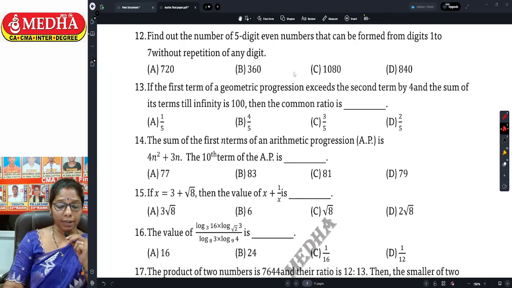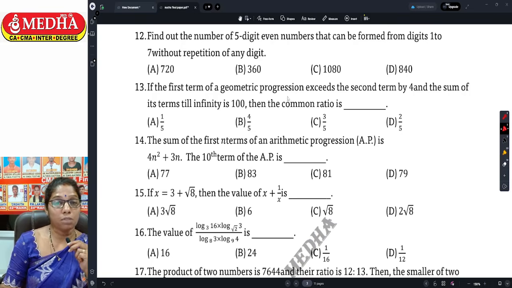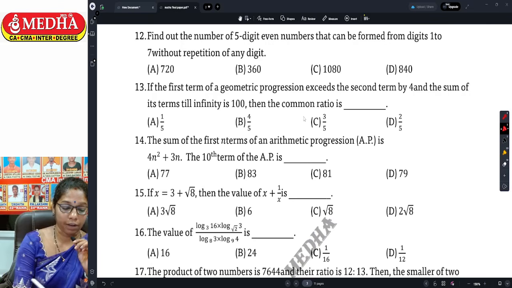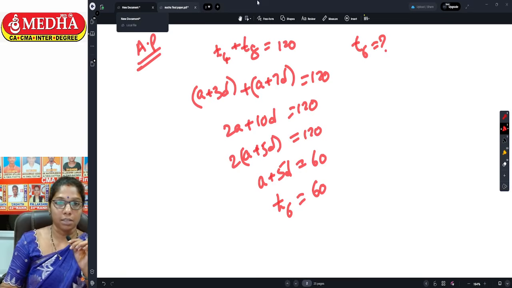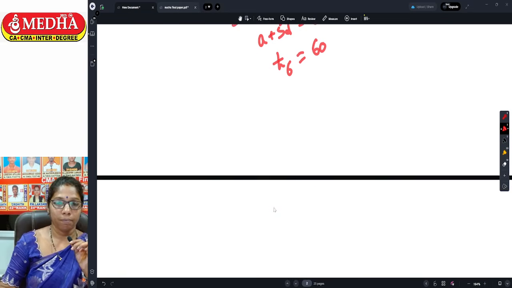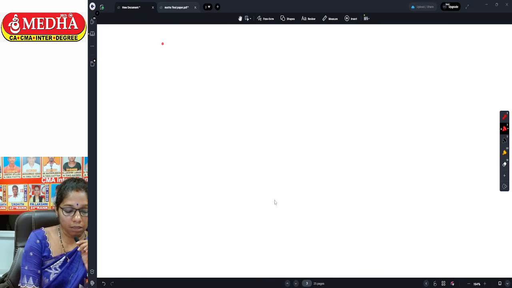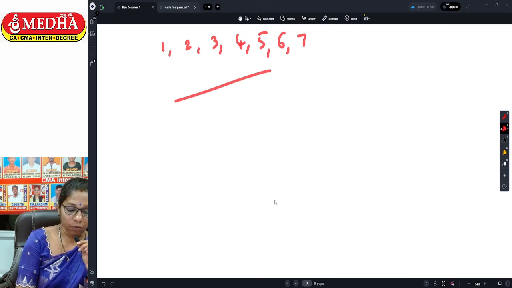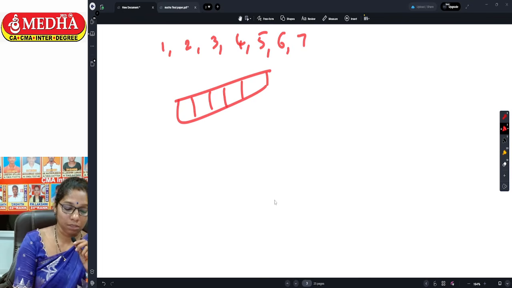Find the number of 5-digit even numbers that can be formed using the digits 1 to 7 without any digit repeating. The given digits are 1, 2, 3, 4, 5, 6, 7. We have to write 5-digit even numbers, so the units place is filled by either 2 or 4 or 6.